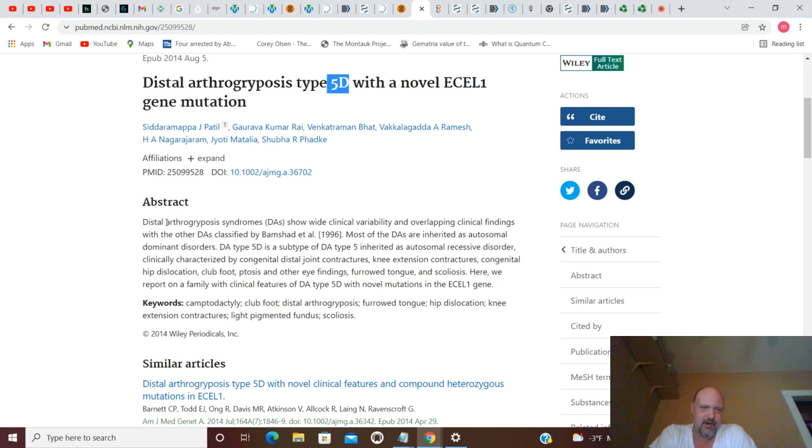Distal, this word, arthrogryposis syndrome. And type 5D is a subtype of DA type 5. So you got a genetic disorder here that they're looking at, apparently.